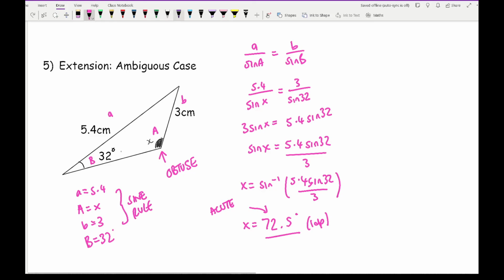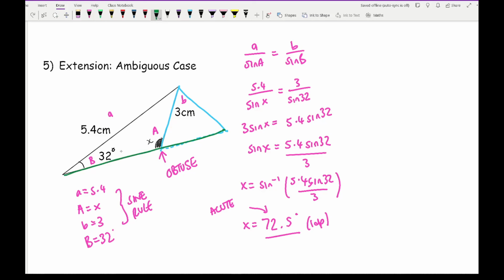Now what I could do, from the information that's given to me on the original question, all I know about this triangle is that it's got a side of 5.4 centimeters and 3 centimeters and an angle of 32 degrees. If I took this 3 centimeter side and moved it along this line here, let's say that line there was extended, because this side here is the side that I don't know the length of.